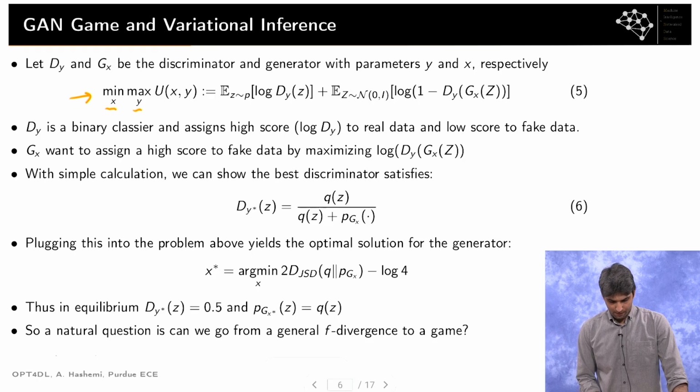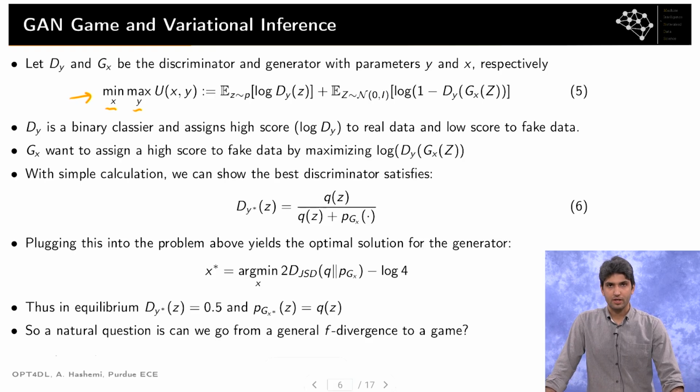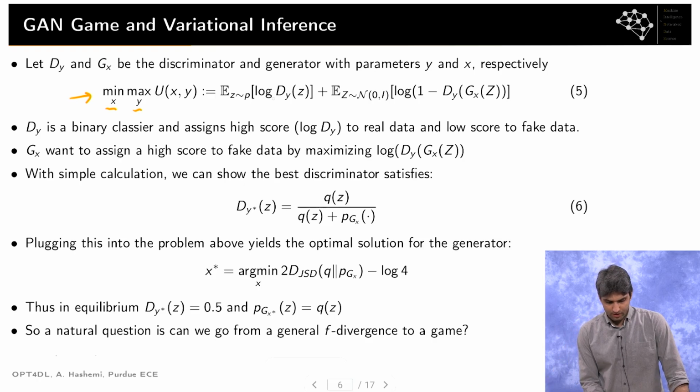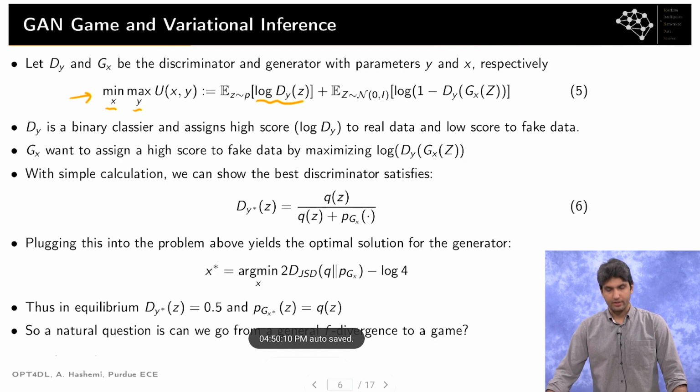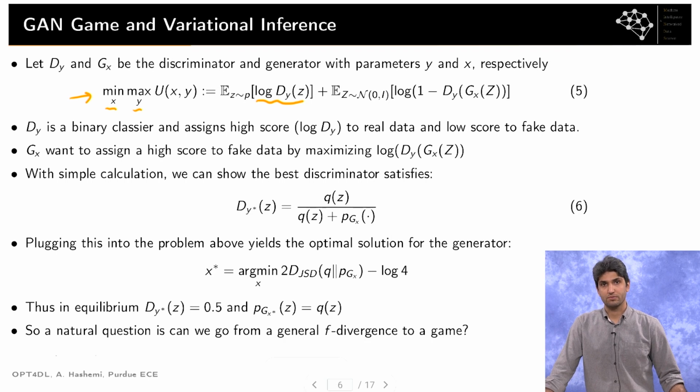The main idea here is that we think of our discriminator as a binary classifier. Its goal is to look at the input image and tell whether that image is real or fake, so whether it belongs to, let's say, class 0 or class 1. We can think of log D(x), the log of the output of the discriminator, as the score of a specific sample.